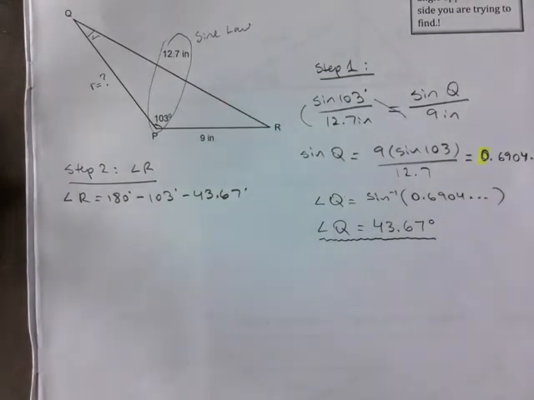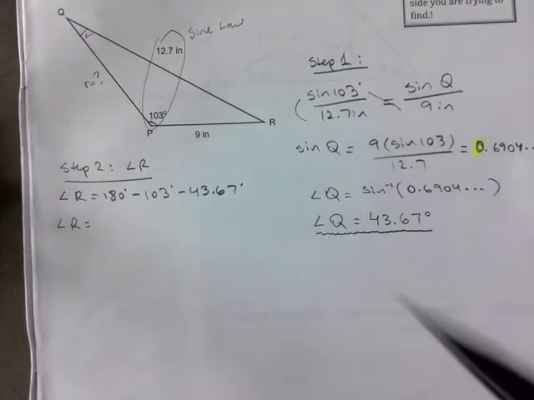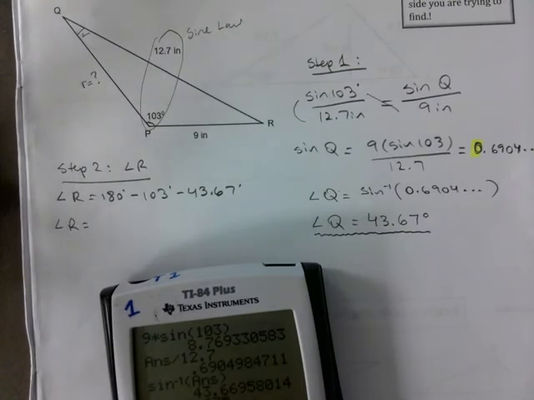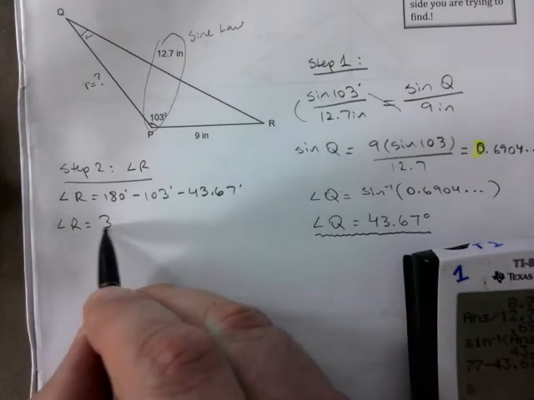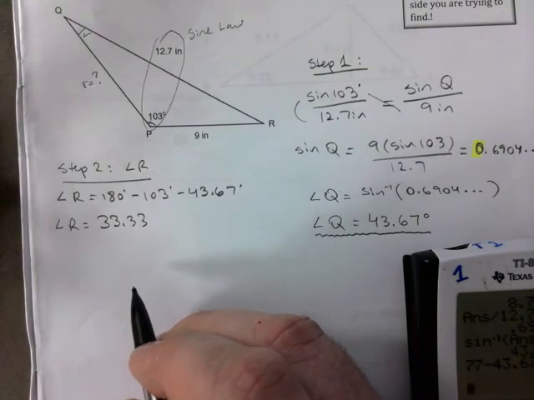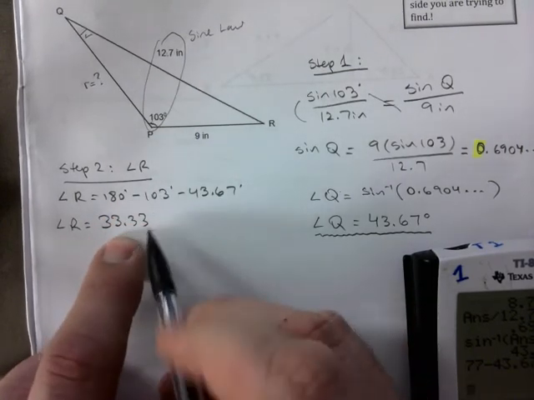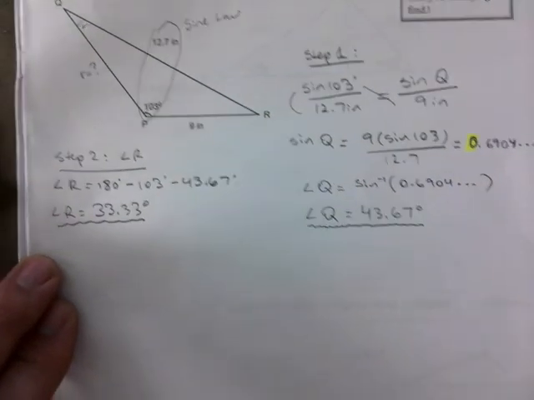Sum of triangles equal to 180 is your best friend, okay, in this case. So that is what, 77 minus 43.67? That's 33.33. I made a mistake. Didn't I? No, because this is 77. Yeah, we're good. We're good.